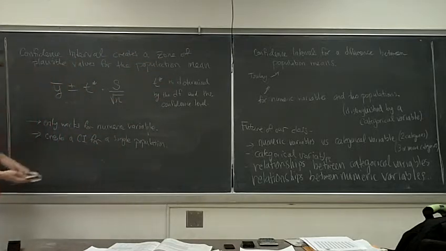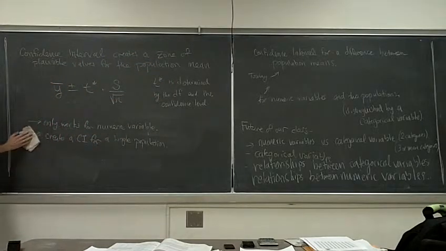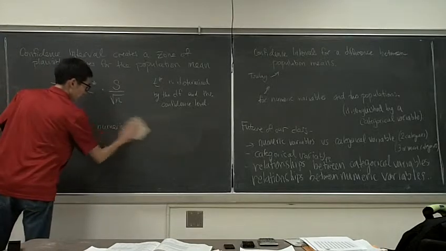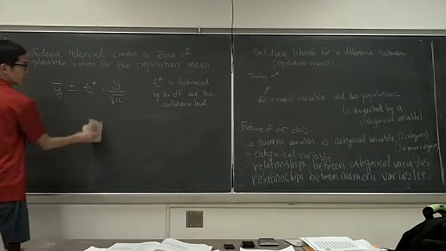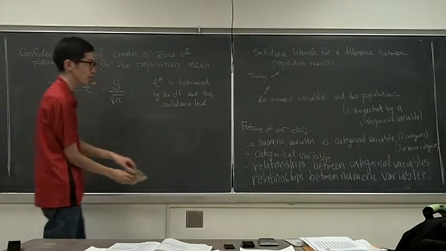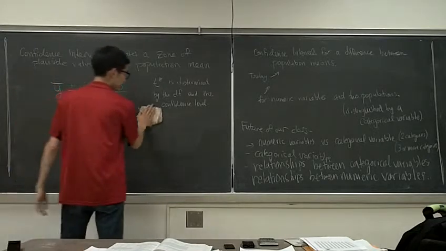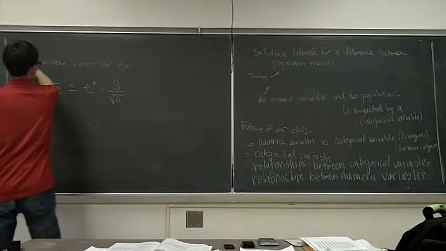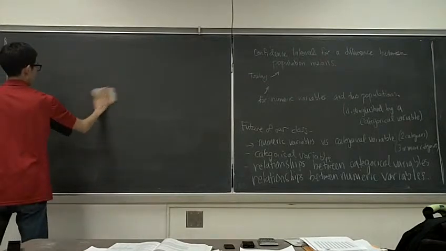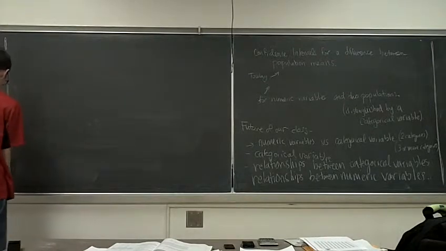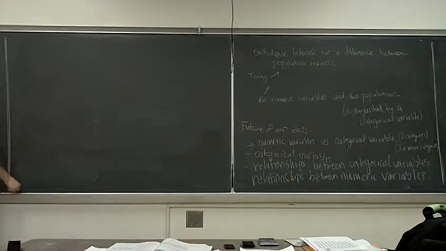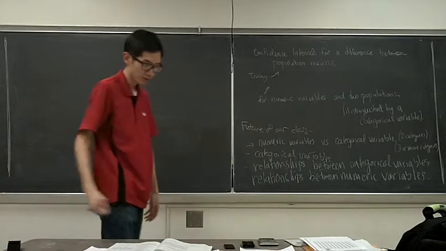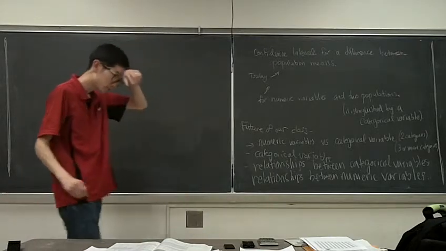But today we're just going to deal with some more confidence intervals for a difference between population units. That's all we'll do. Okay, so let's see if we can do a quick problem.